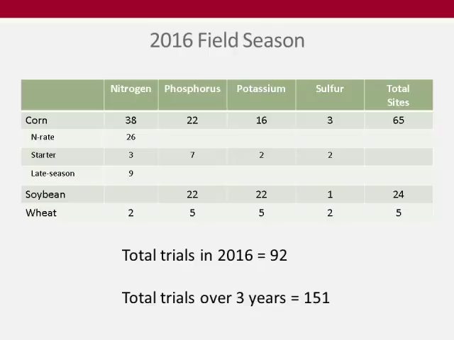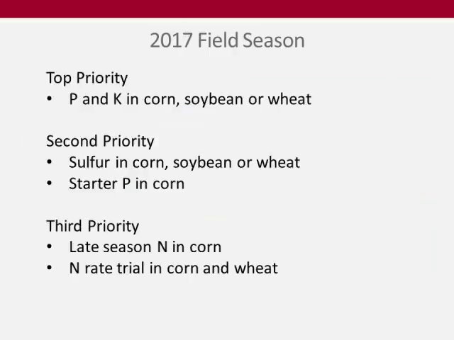We had 92 trials last year, which brings our total right now up to 151, and we have essentially one more year. This is our last year with dedicated funds to continue this. So in 2017, this coming field season, our top priority is to get more P and K trials in any crop, because we really want to get P and K right.